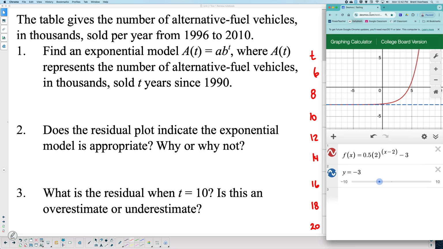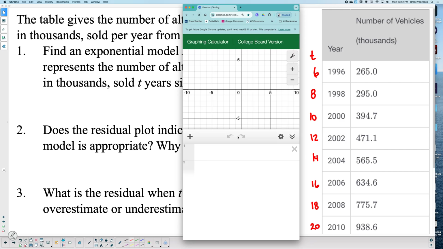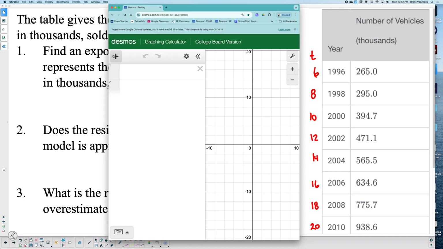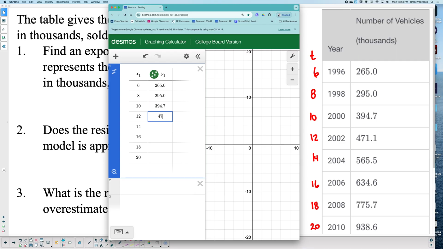So let's open up our Desmos. I'm going to add a table. We'll type these in. 6, 8, 10, 12, 14, 16, 18, and 20. All right.